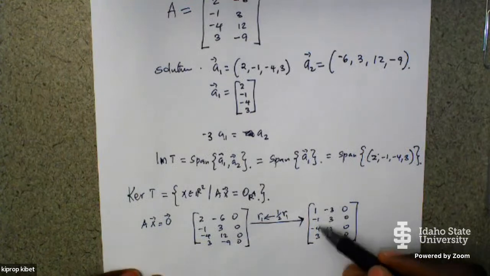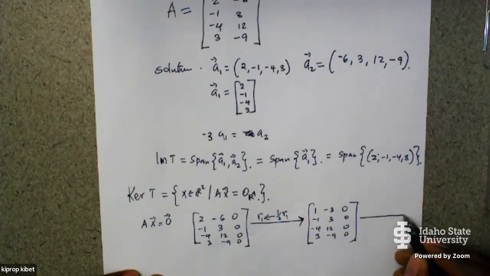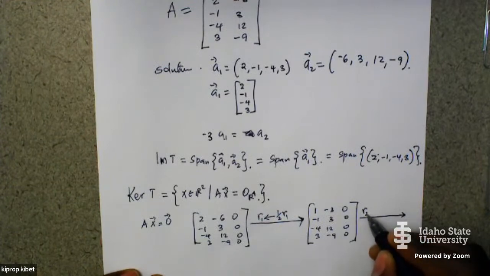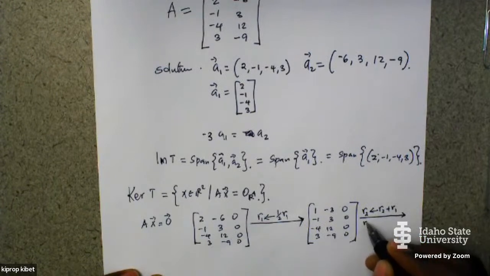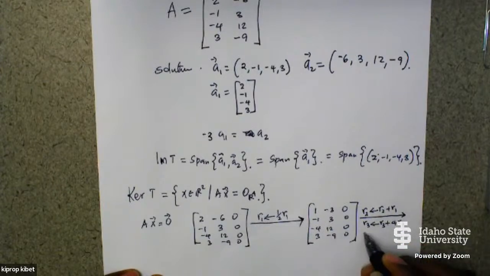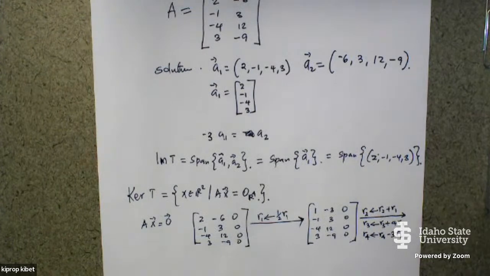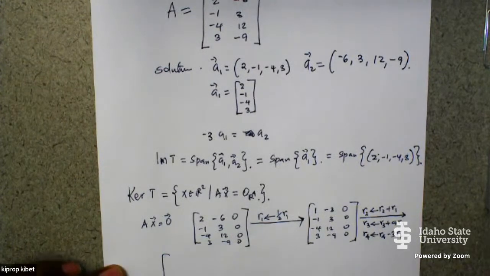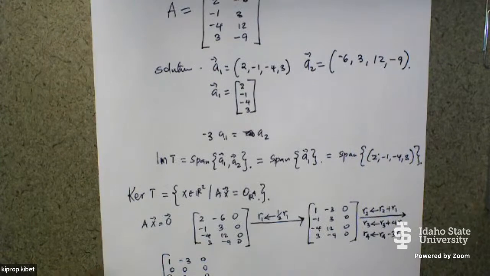Then we reduce the rest: the new R2 is R2 plus R1, the new R3 is R3 plus 4R1, and the new R4 is R4 minus 3R1. So finally, what you should get is 1, -3, 0, and all the rest are zeros.